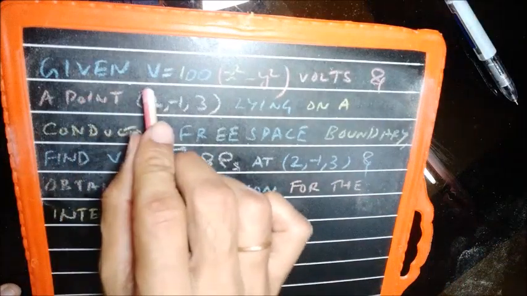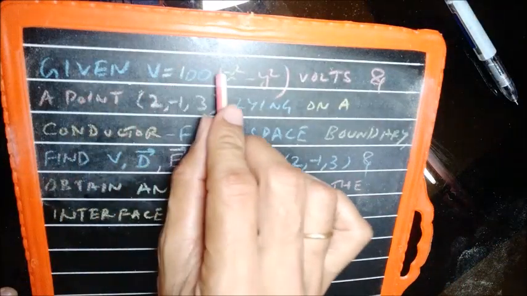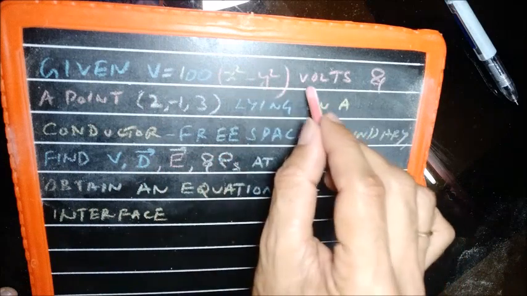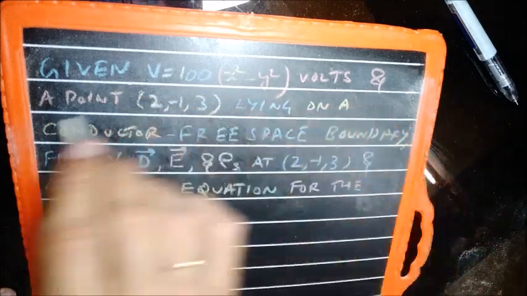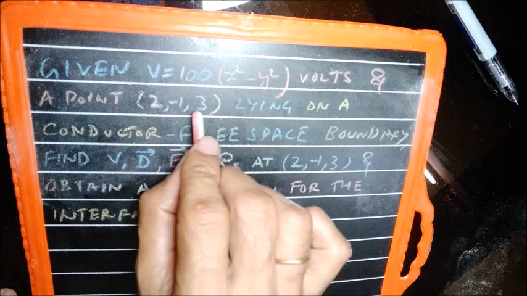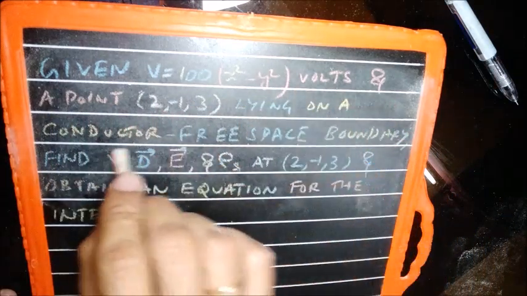Yeah, the last problem is this. Given V equal to 100 times x square minus y square volts, that is the potential is given, and a point 2, minus 1, 3 meters lying on a conductor free space boundary.